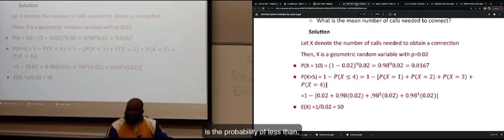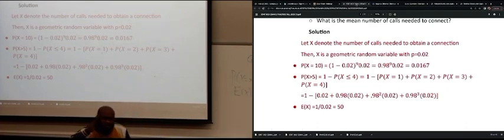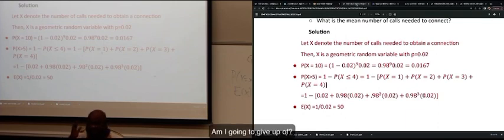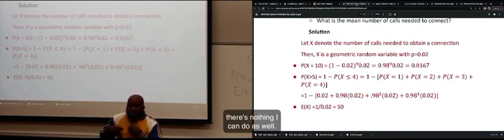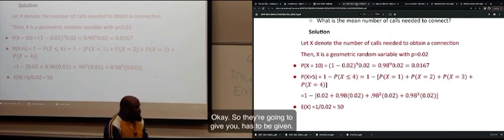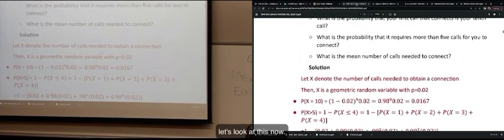Or what is the probability of less than, greater than, less or equal, stuff like that? Am I going to give what? P, of course. Can I tell you something? If they don't give me p, there's nothing I can do as well. So they're going to give you p. P has to be given, just like what he said. P is given. Does that make sense?